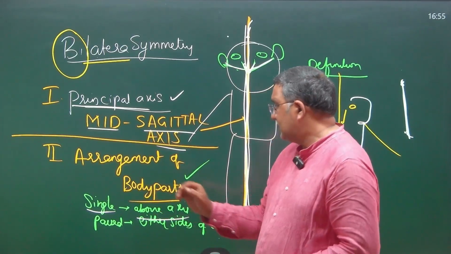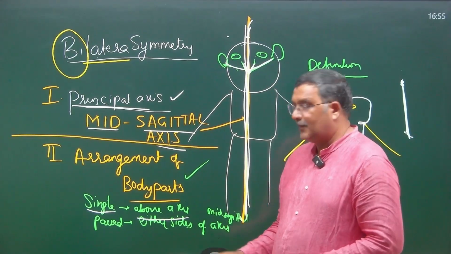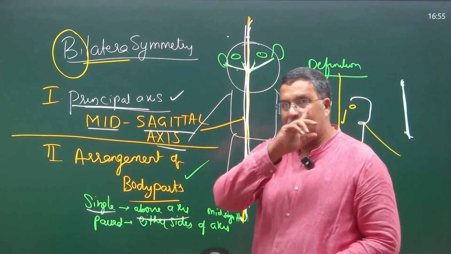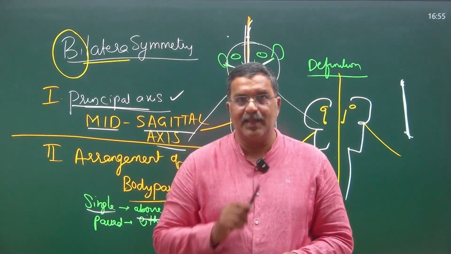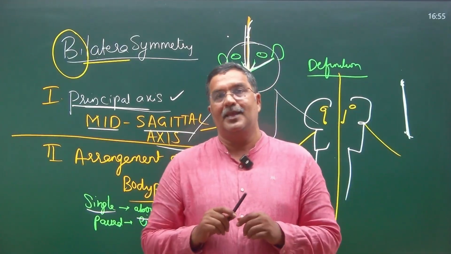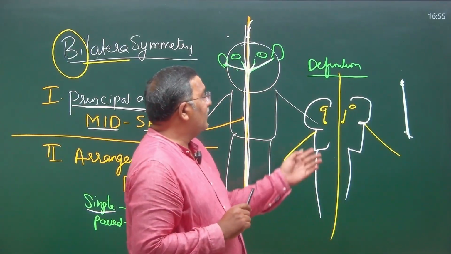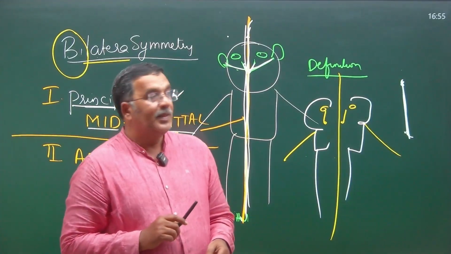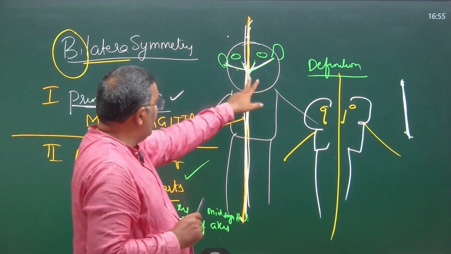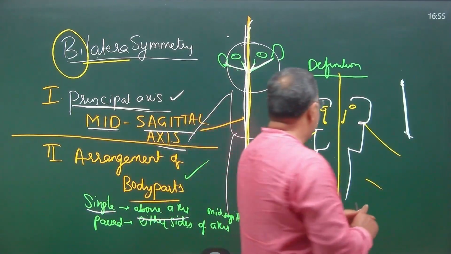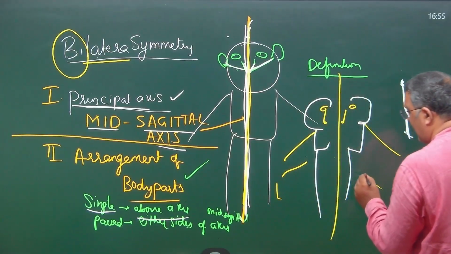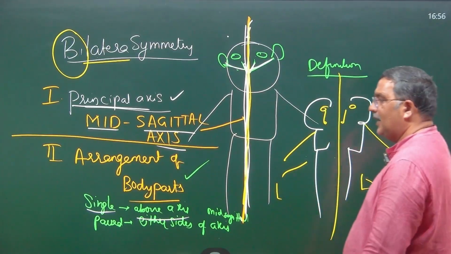I said if it is single, it is above on the axis; if it is paired, it is on either sides of the axis, equidistantly arranged. And finally, the definition. When we cut through the mid sagittal axis, what do we get? Two equal lateral halves.